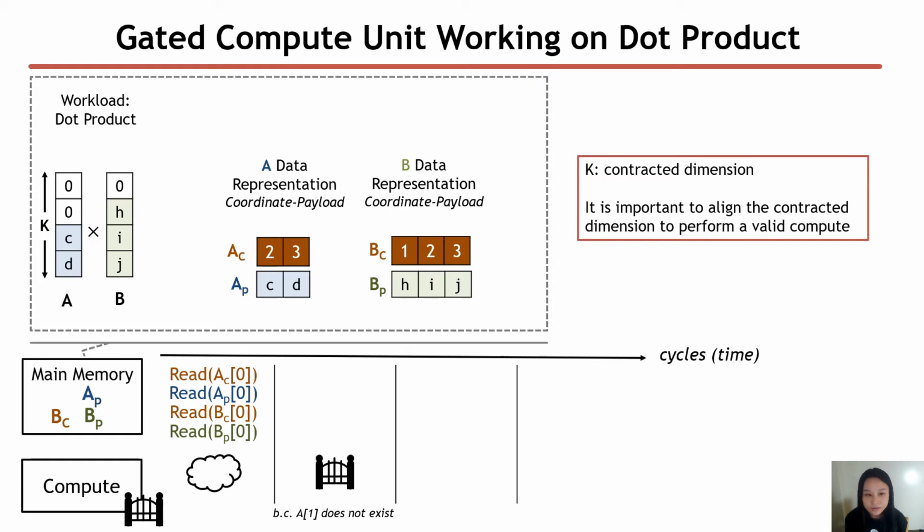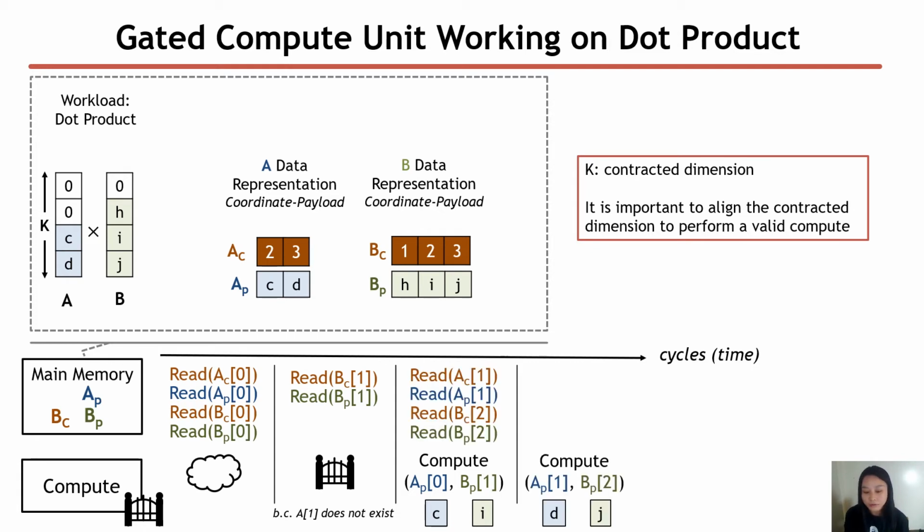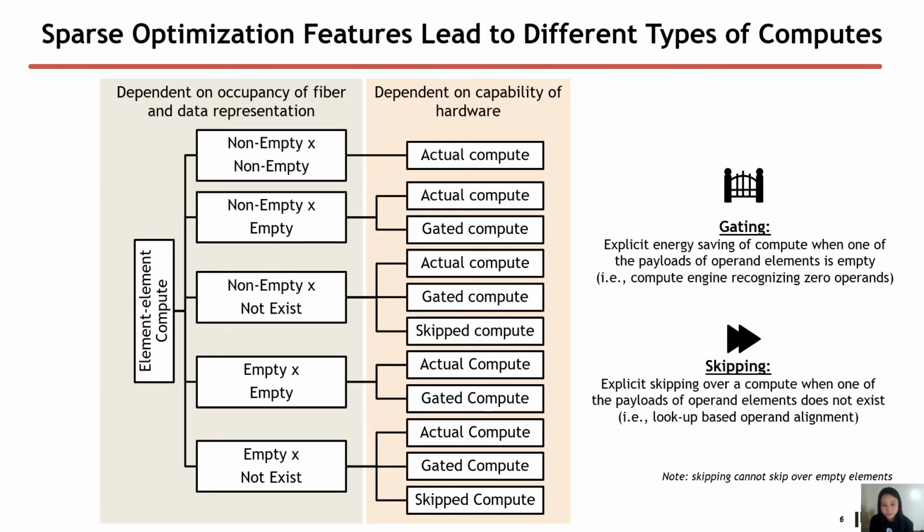And because we have this artificial element, due to the fact that A doesn't exist, compute will gate based on this artificial 0. So that's why we have a gating happening in the second cycle. We'll read out B, and because both of them are non-empty, gating wouldn't make any difference. We'll proceed with a normal computation for the next two computes.